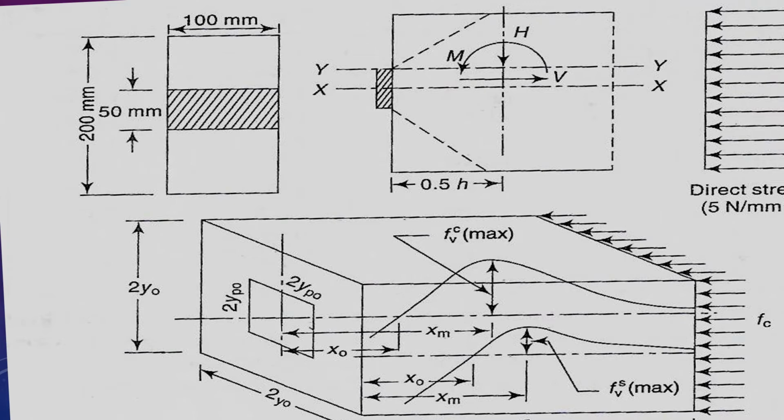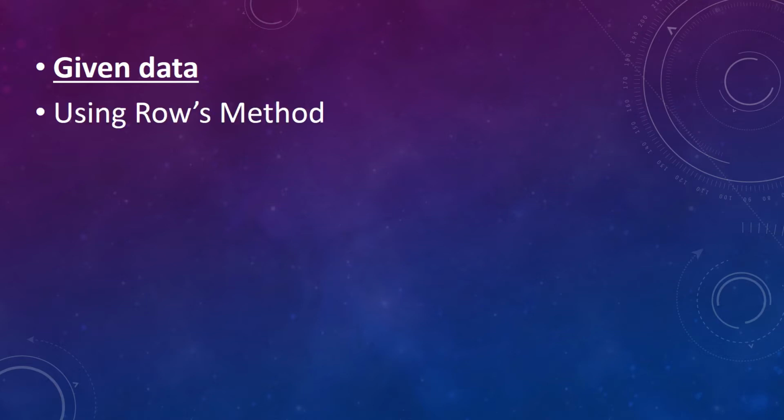So now we will go to the solution of the sum. We will first start from the given data. To solve the sum, we have to use the Rouse method.